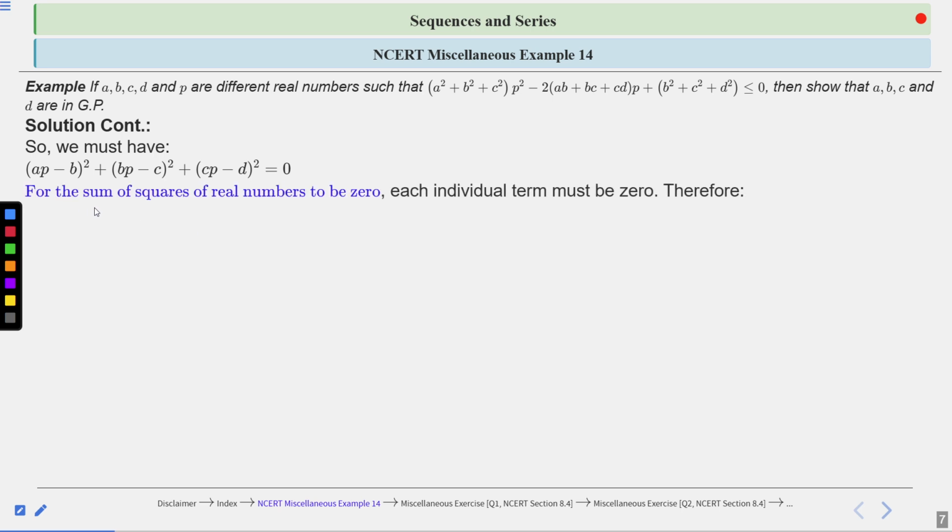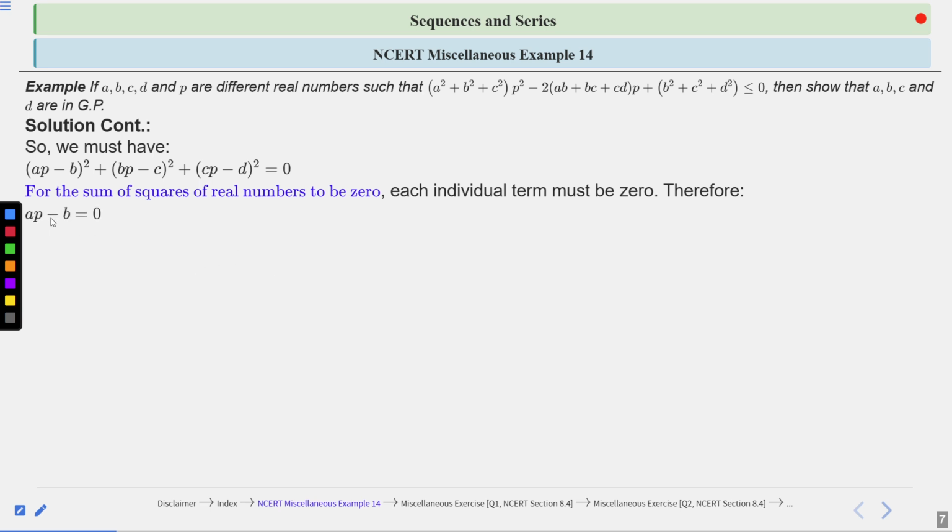For the sum of squares of real numbers to be 0, each individual term must be 0, because (ap - b)² is always a non-negative real number, (bp - c)² is also a non-negative real number, and the third term is also a non-negative real number. So each individual term must be equal to 0.